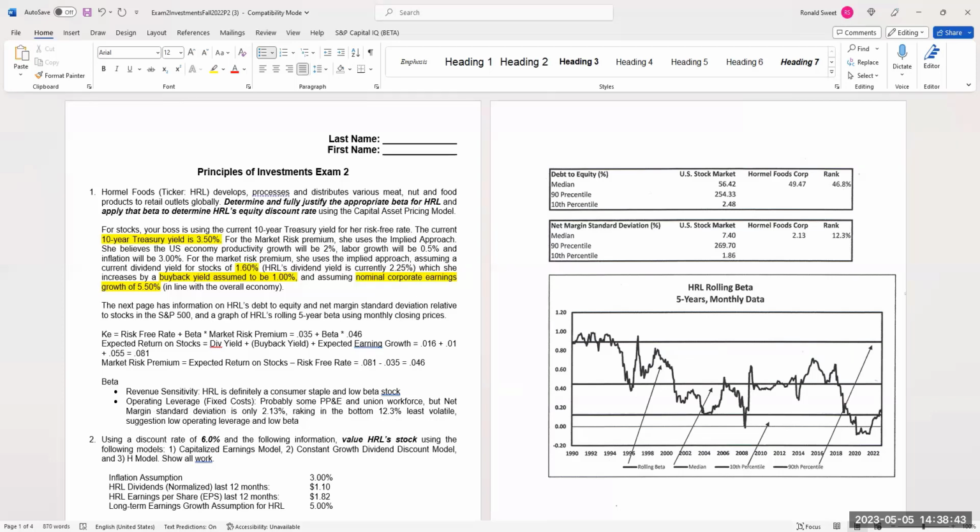So it looks like a very, very stable firm, very predictable earnings. That implies a low beta.